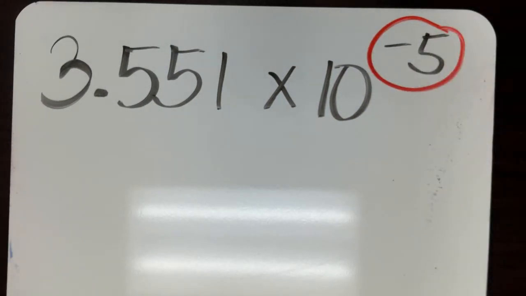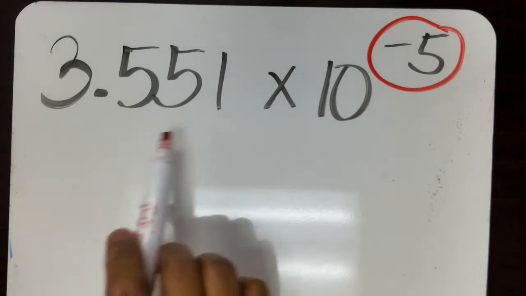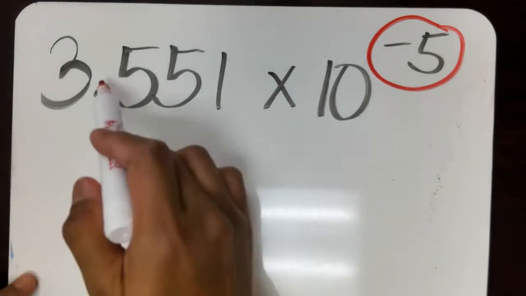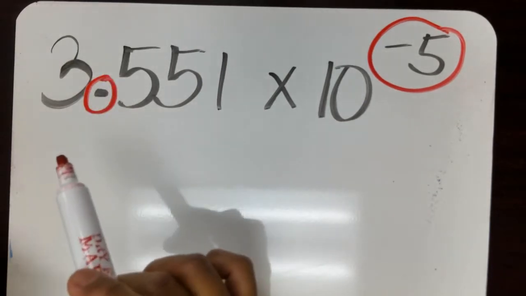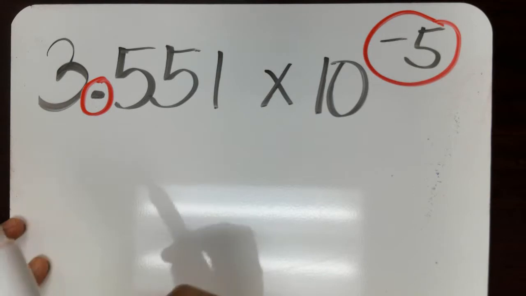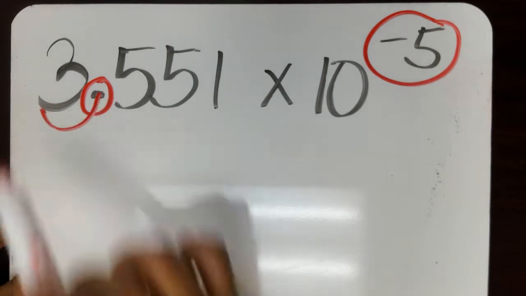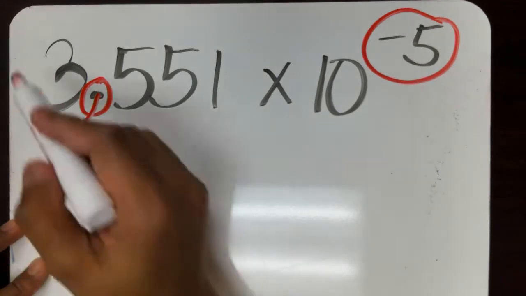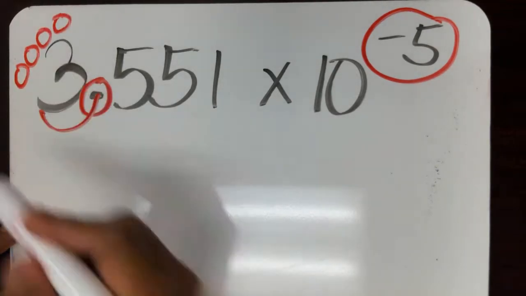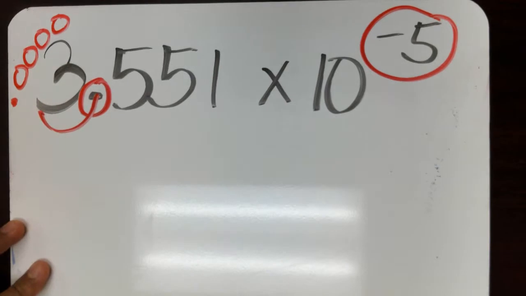Negative should make this number smaller than what it is right now. So we have to move the decimal point to the left 5 times. So 3 is already taken as 1. So that means we're going to add 4 zeros. And the decimal point should be there before those zeros.